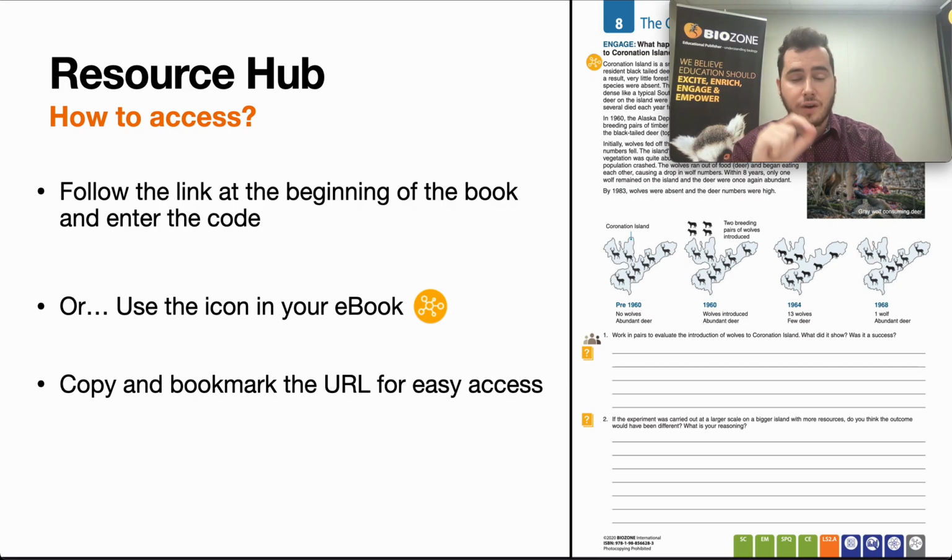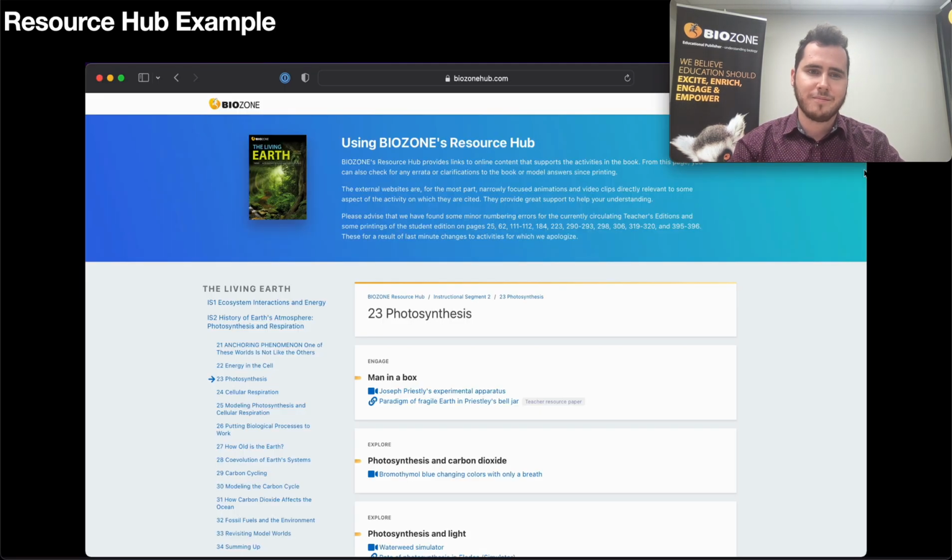Or there's a very helpful icon within the ebook plus as well as the ebook Teachers Edition, which will take them directly not just to the Resource Hub, but the resources attributed to that activity. So it's very easy for them to find the resources that are attributed to it. And then also you can copy and bookmark that URL for easy access. Maybe you take the URL and you enter it into your Google Classroom so your students are able to easily access it from there. But we can go into a little bit more detail on that in just a moment.